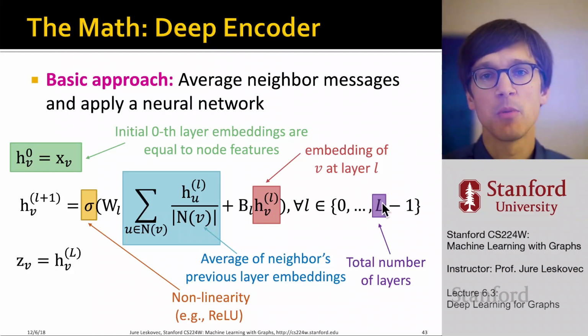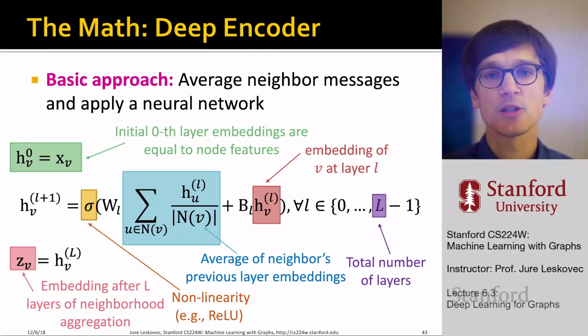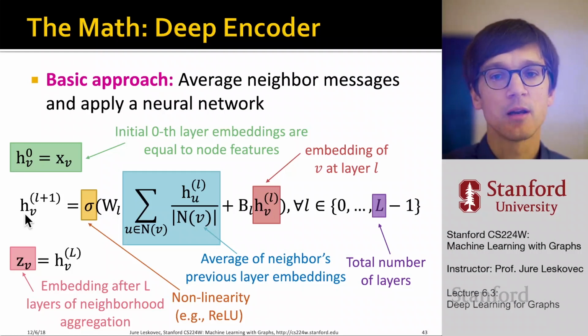So we have a total number of capital L layers, and the final embedding of the node is simply h of v at the final level of neighborhood aggregation. And this is what is called a deep encoder, because it is encoding information from the previous layer from a given node plus its neighbors, transforming it using matrices B and W, and then sending it through a nonlinearity to obtain the next level representation of the node.